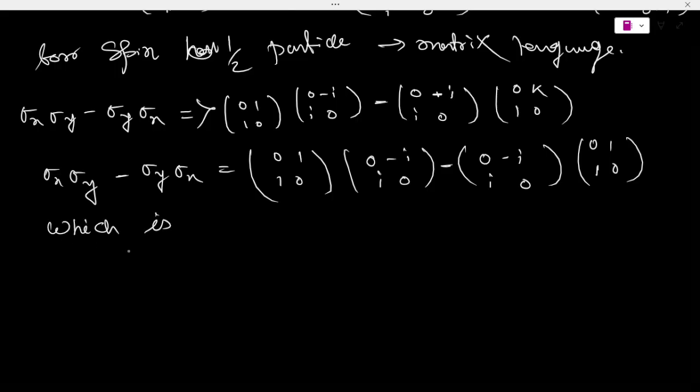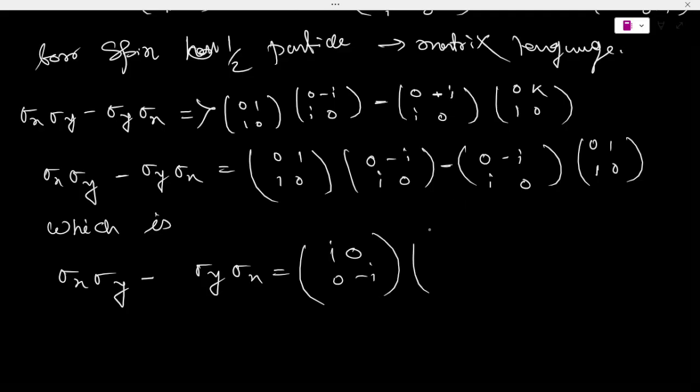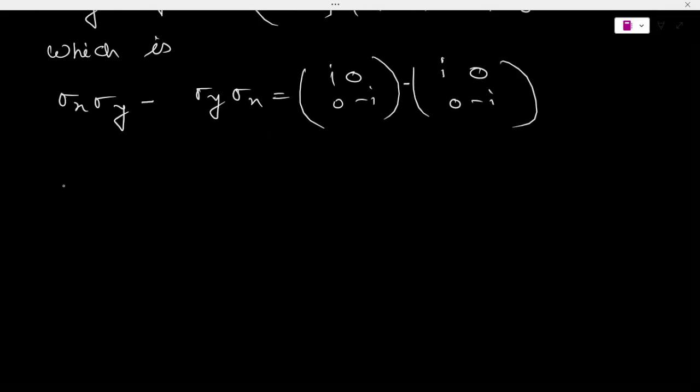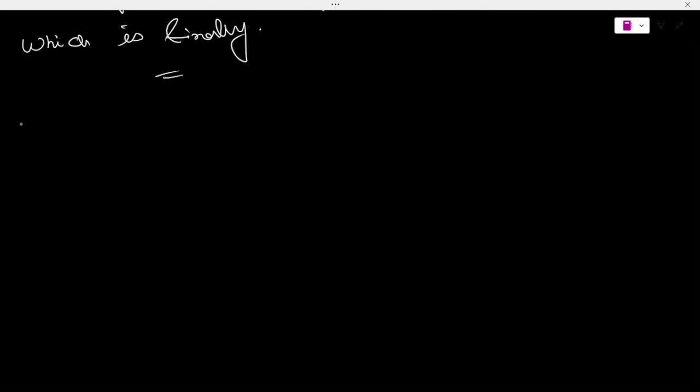I have to solve it completely: sigma x sigma y minus sigma y sigma x is equal to [i 0; 0 -i] minus [-i 0; 0 i], which finally gives [2i 0; 0 -2i].